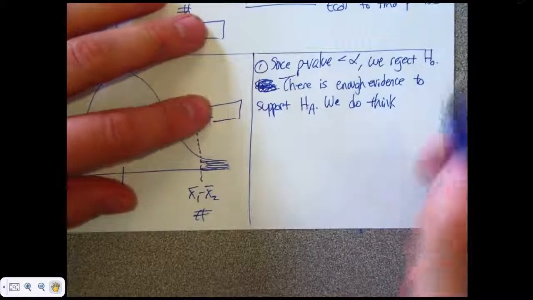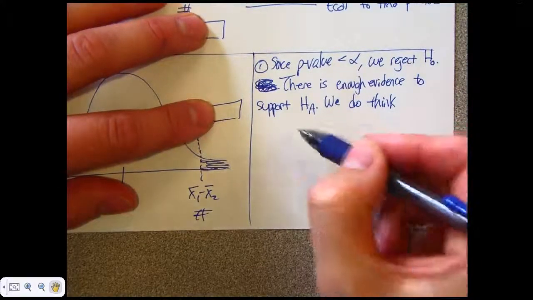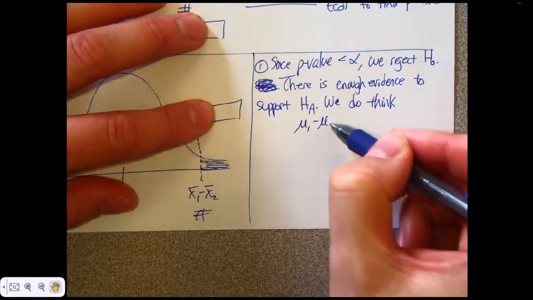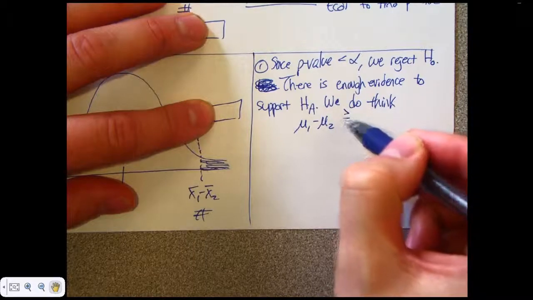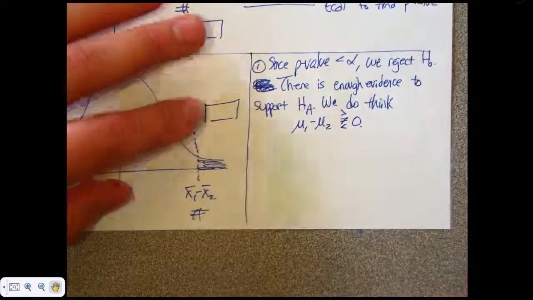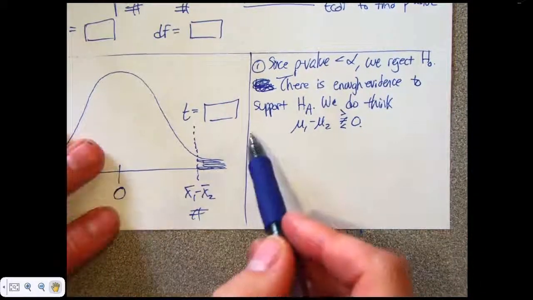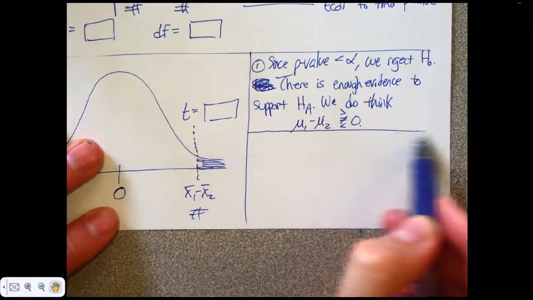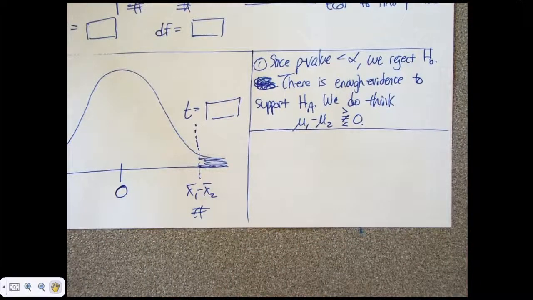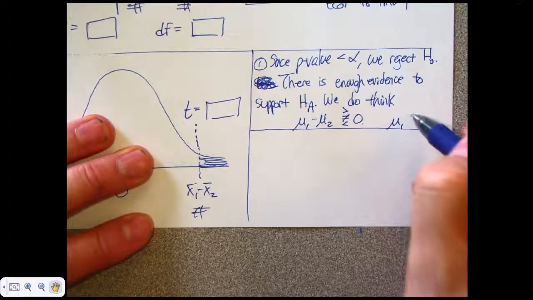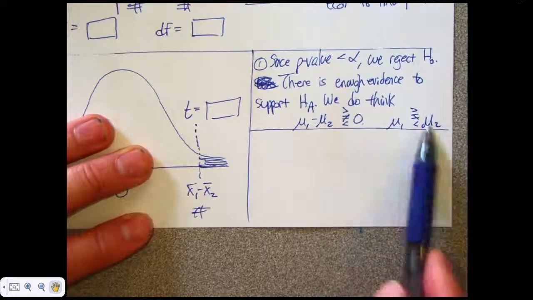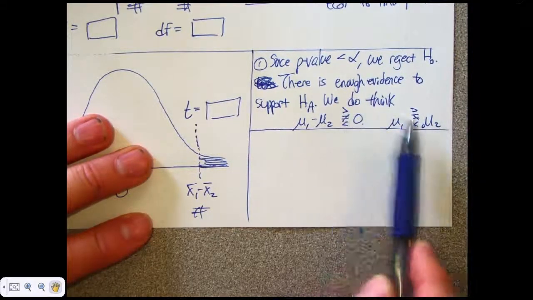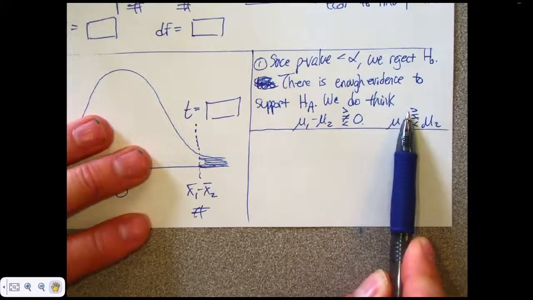So in this one I would put we do think mu1 minus mu2 is greater than or not equal to or less than 0, or whatever HA says. Or you could write it this way too, depending on how you wrote your H0 and HA.